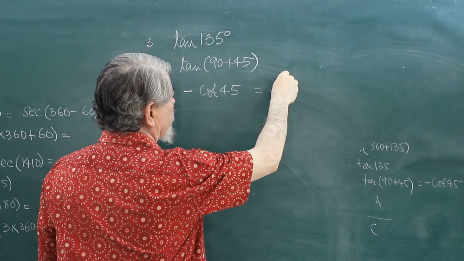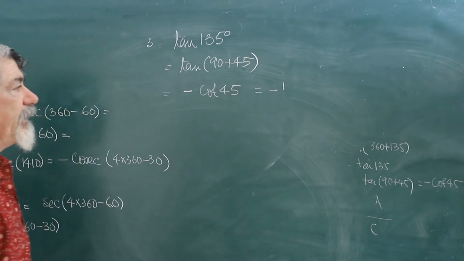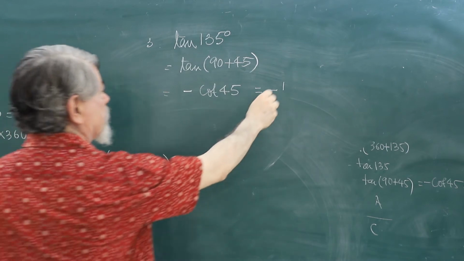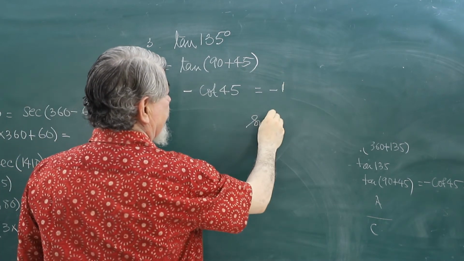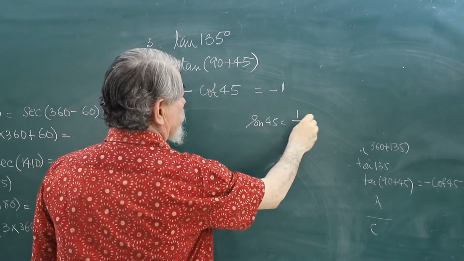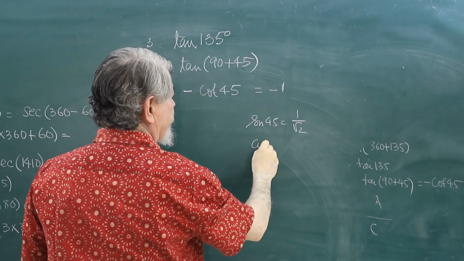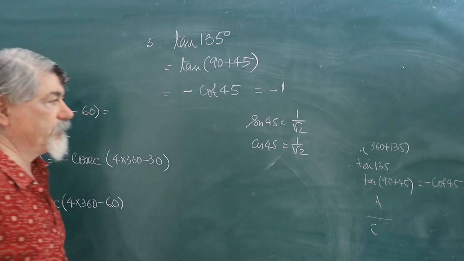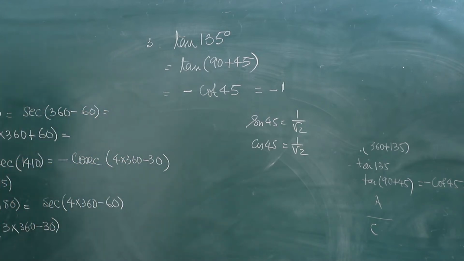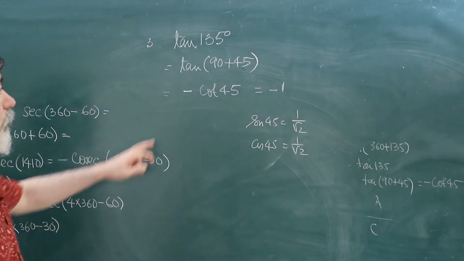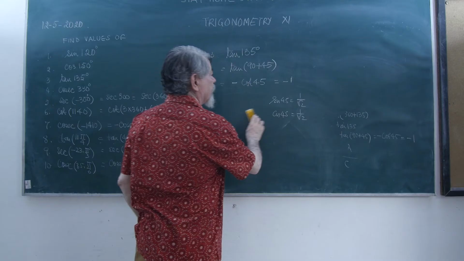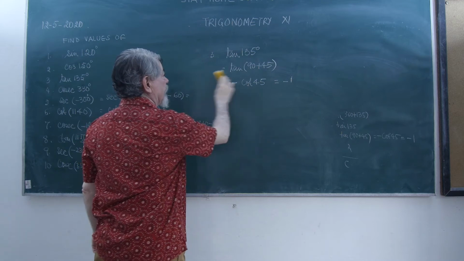It is 1, and it is minus 1 because sine 45 is 1 by root 2, cos 45 is also 1 by root 2. When you divide sine 45 by cos 45, you will get 1. So cot 45 is 1 and the negative sign was there, so it will become negative 1.